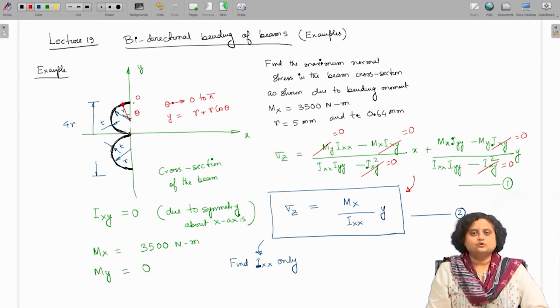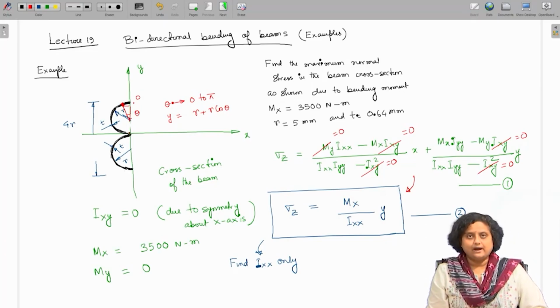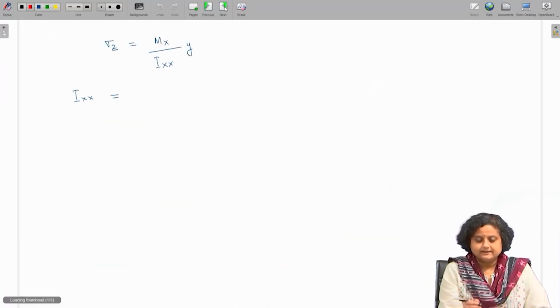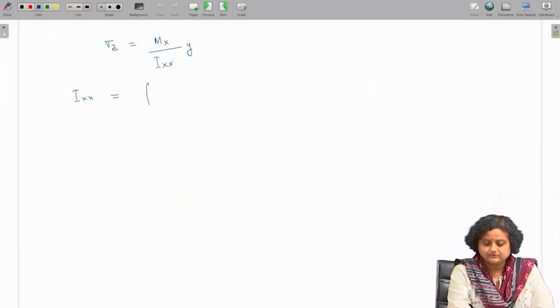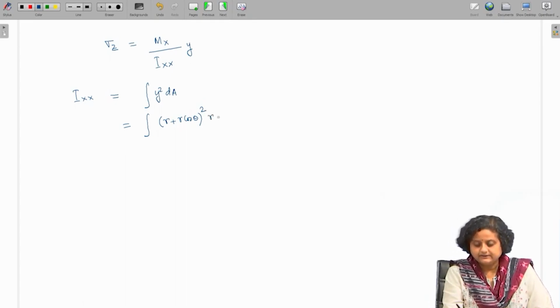Which is theta. So, the y distance of a small element is always going to be r plus r cos theta, that is this distance. So, if this is the y distance, then we can say that Ixx, which is area integral of y square dA, can actually be written as r plus r cos theta, which is the y distance, that is whole square, into dA, which can be written as r d theta.